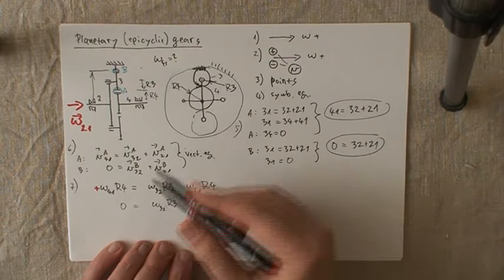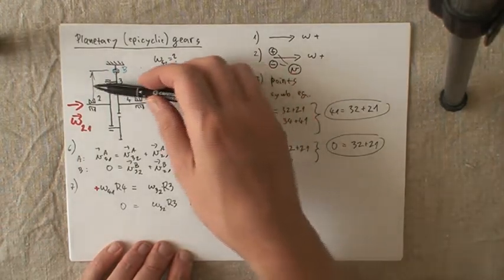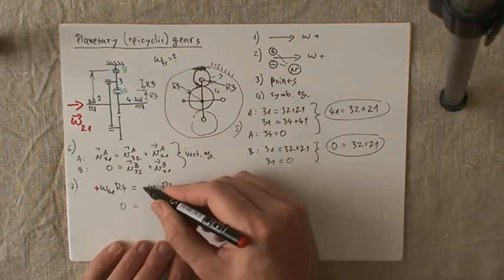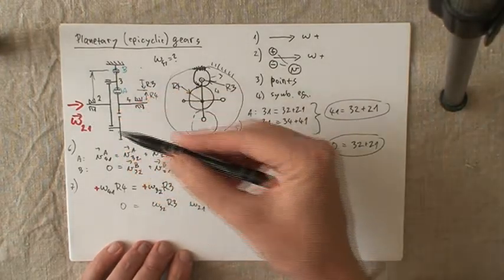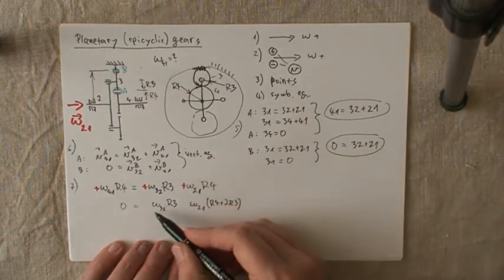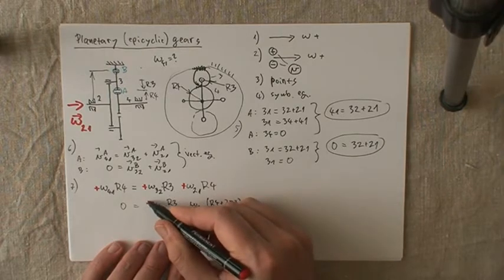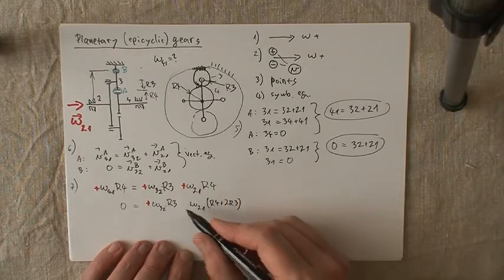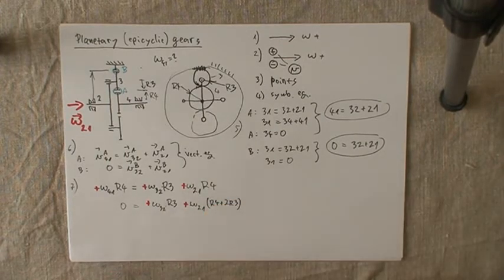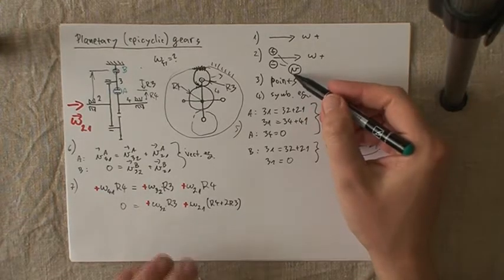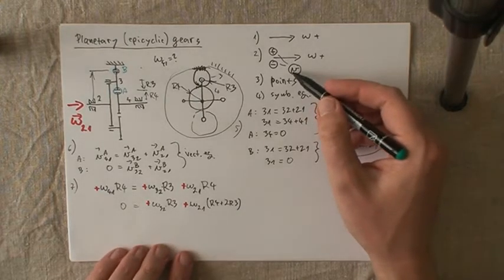Omega 3,2, well, it's not given, so we don't know. We expect it to be positive. Omega 2,1 goes to the right, so it's positive. Omega 3,2 unknown, we expect it to be positive. 2,1 is positive. So that's the first set of signs. The second set of signs corresponds to the velocity.